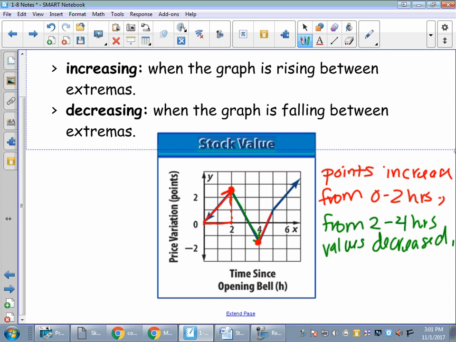And so we're going back up on a rise. Even though that has a hinge in it, it just means that it's still increasing. It just increased at a different rate. And so it increases from 4 hours until the end. So you just read the graph from left to right, looking at: is the graph going up or is it going down between the extremas?